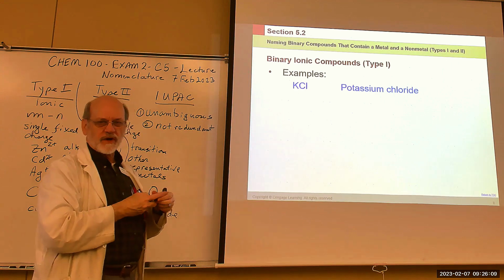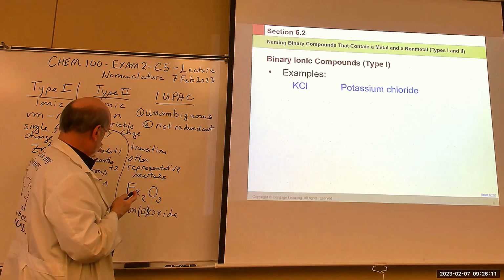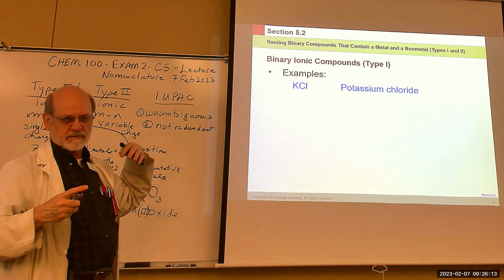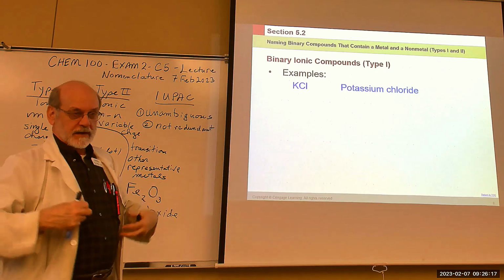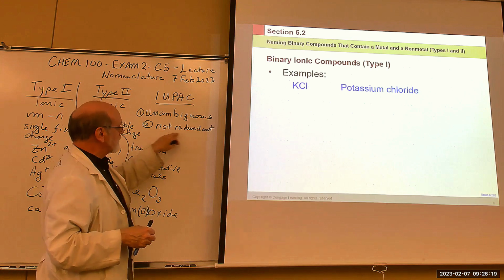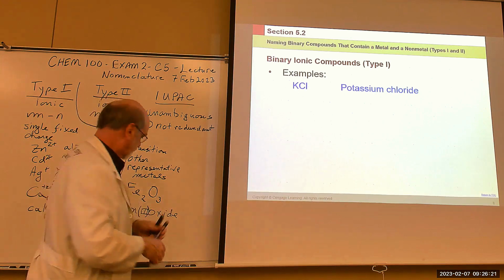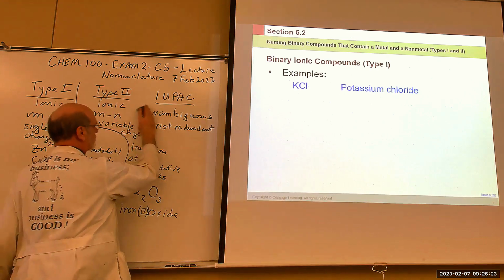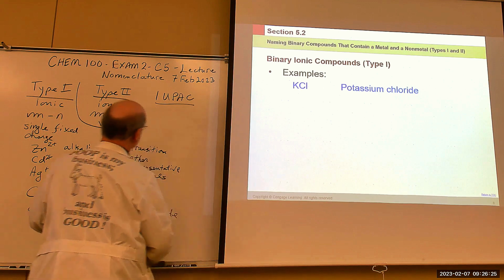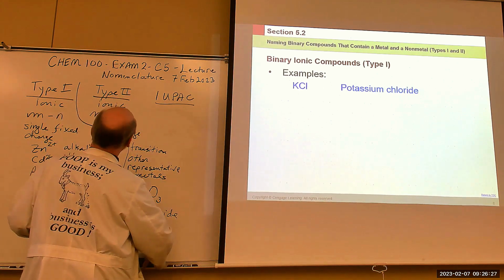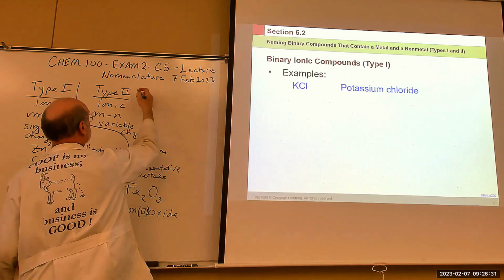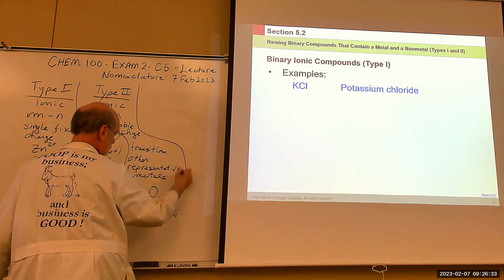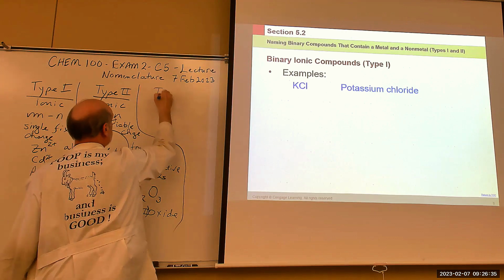We haven't run into one that would, we need to get to type 3 compounds, in other words, in order to see the possibility for redundancy. All right, so let's look at type 3 compounds now. Kind of squeezed for room here. Okay, type 3s.